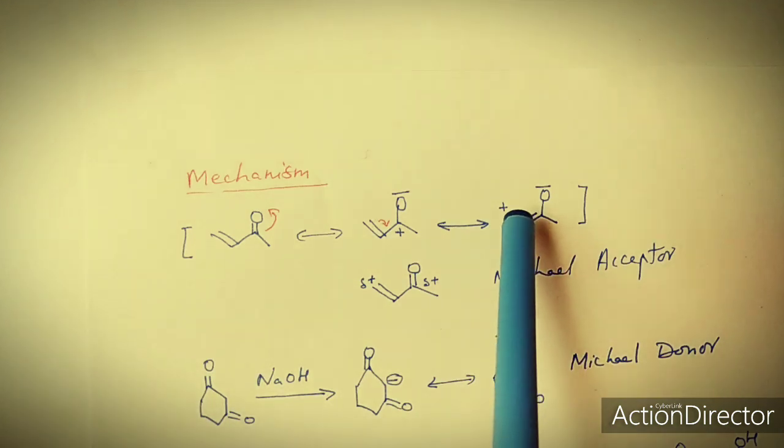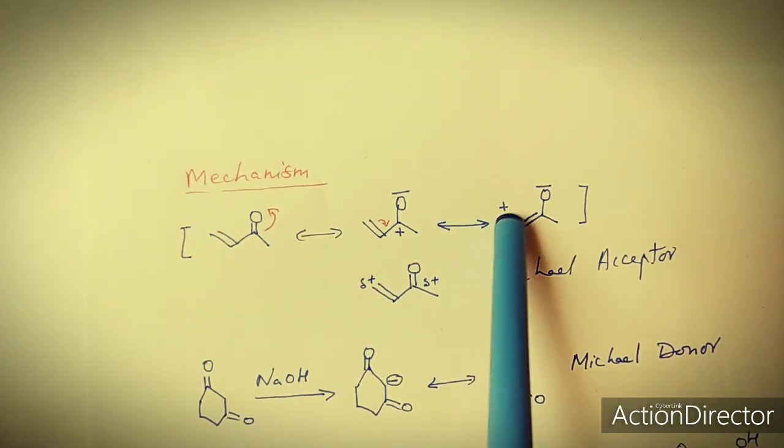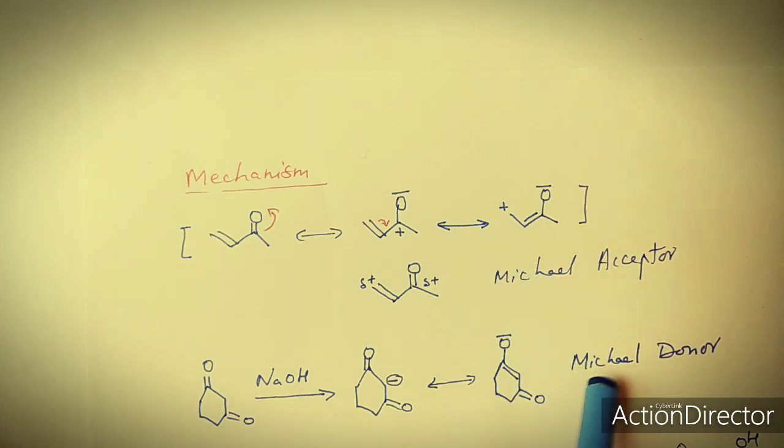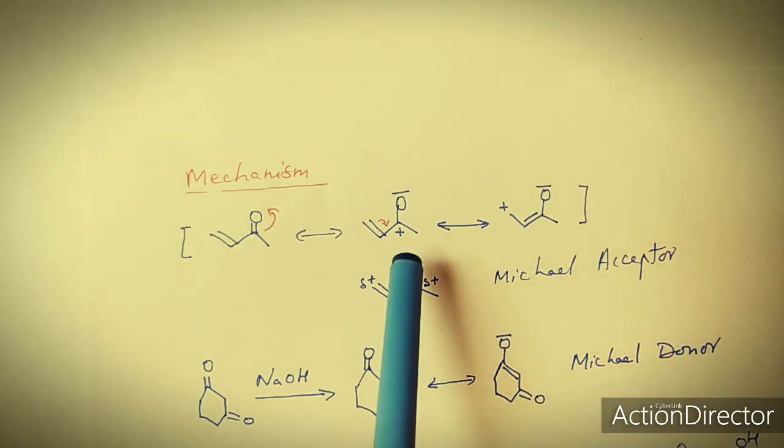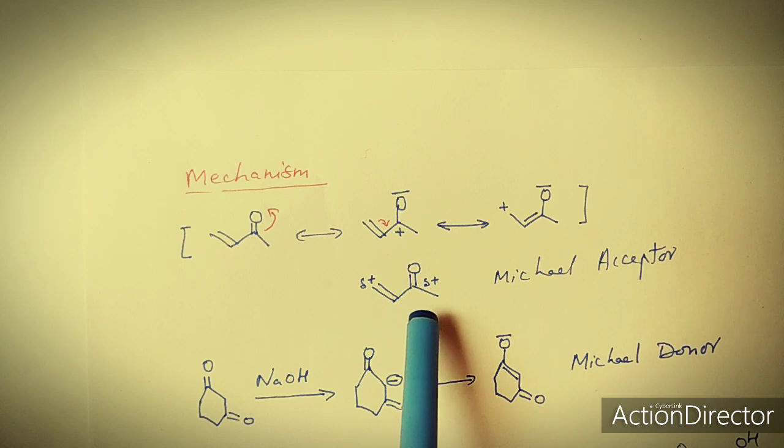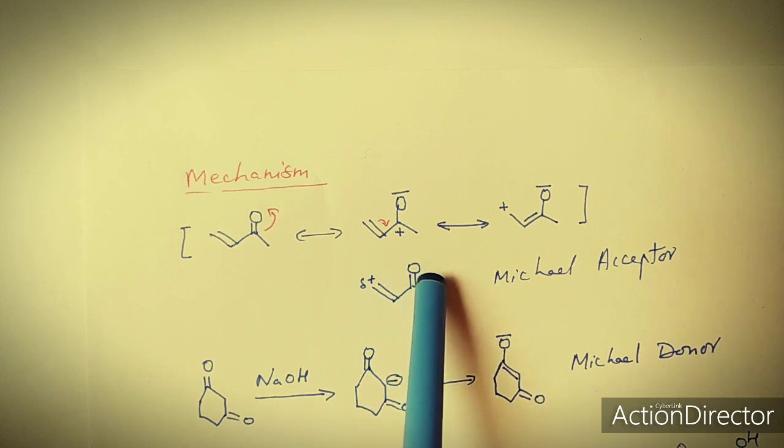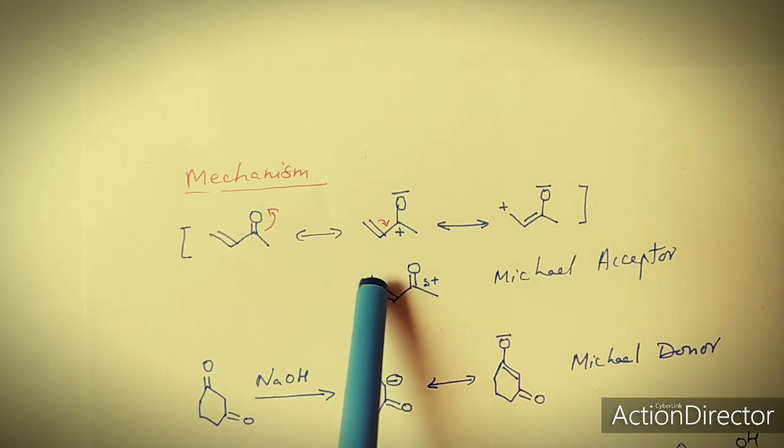And here this is the Michael acceptor, this 1, 2, 3, 4. Now we can see that positive charge is generated in two positions. At the carbonyl carbon, because these electron pairs will be pulled up towards the electronegative oxygen, and simultaneously also at this position when these electron pairs move up here.